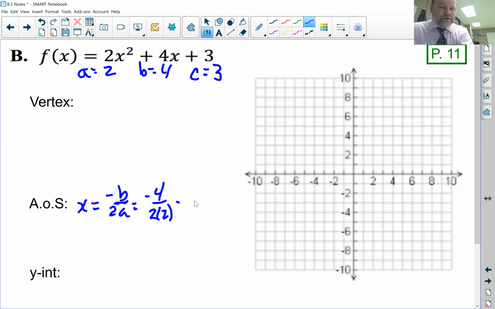B is 4, A is 2. In my denominator, I get 2 times 2, which is 4. -4 divided by 4 is -1. So -1 is also the x-coordinate of my vertex. I draw my axis of symmetry.